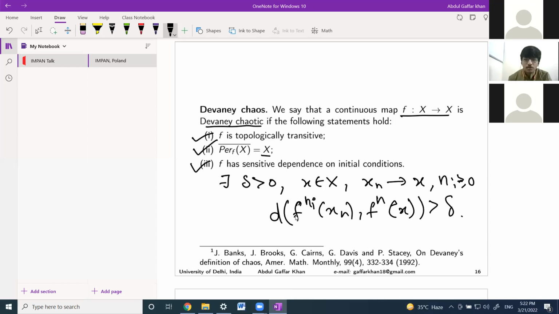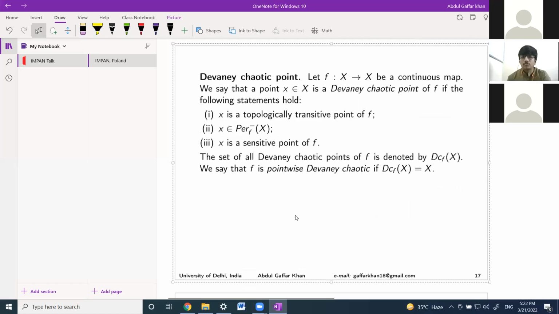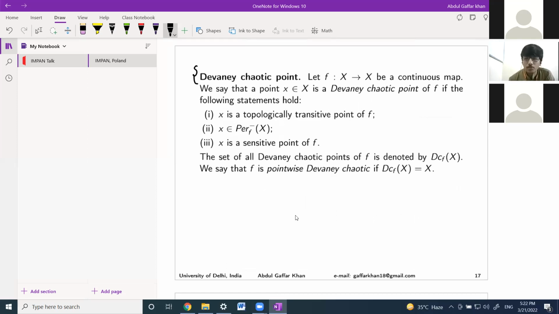It was observed by Banks and others in 1992 that sensitivity is redundant. That is, provided the map is topologically transitive and has a dense set of periodic points, then the map must have sensitive dependence on initial conditions. This motivated us to introduce this notion from the viewpoint of pointwise dynamics, and we have introduced the notion of Devaney chaotic point.